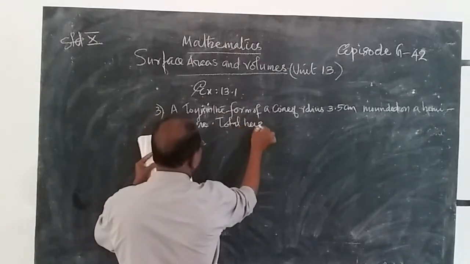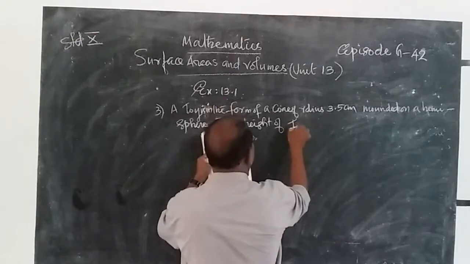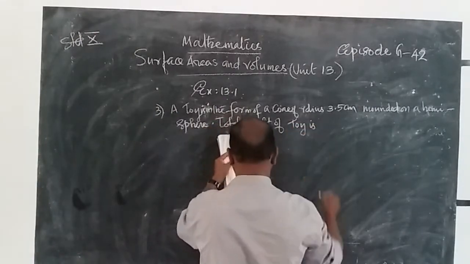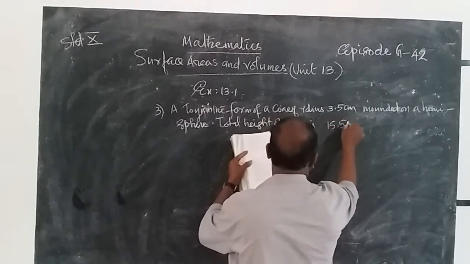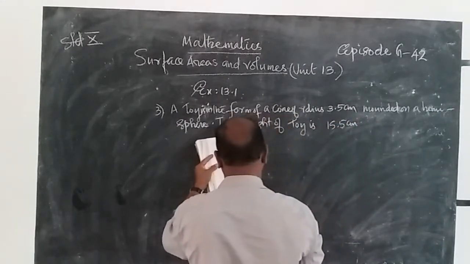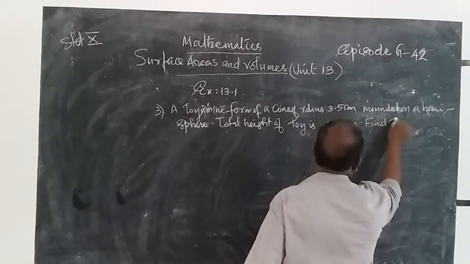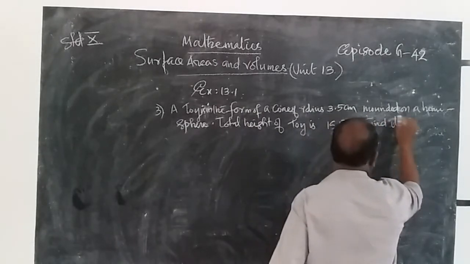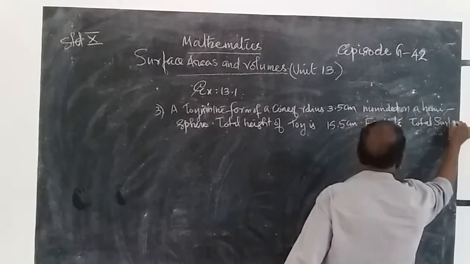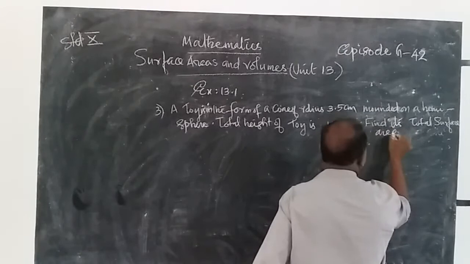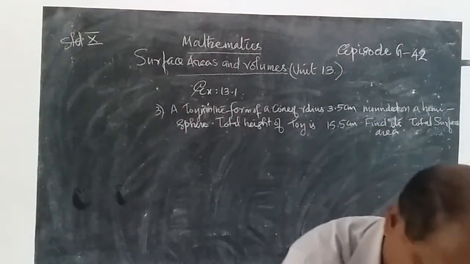The total height of the toy is 15.5 centimeter. Find its total surface area. That is the third question.